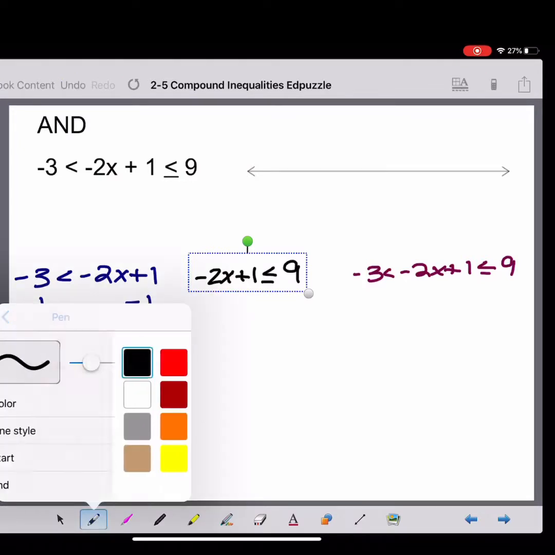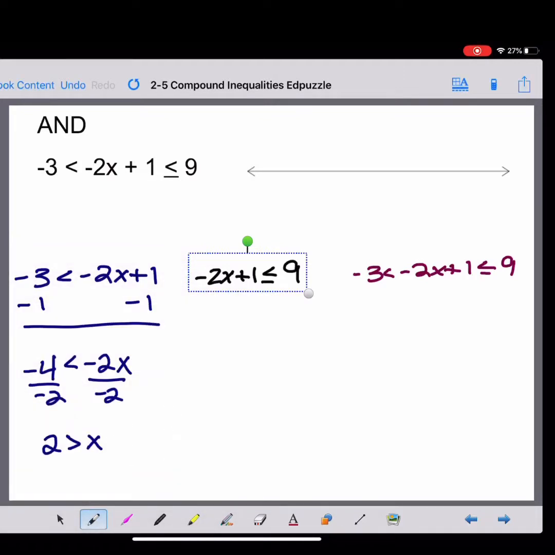For the right-hand side of the inequality, I subtract my 1 from both sides. So negative 2x is less than or equal to 8. We divide out by negative 2, and we have x is greater than or equal to negative 4, since my inequality had to flip.